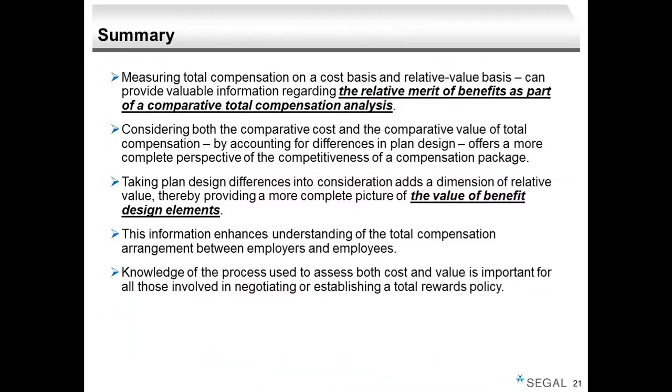What does that mean? How does it affect cost? How does it affect your competitive position in terms of the richness of the benefits is really important. It's not just about the cost, but it's about the competitiveness of the compensation package.